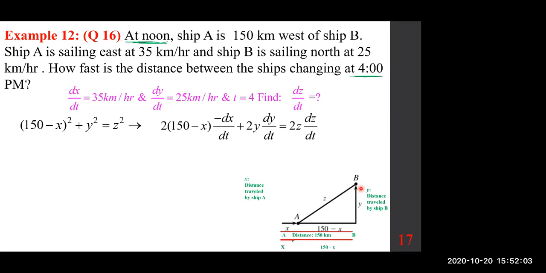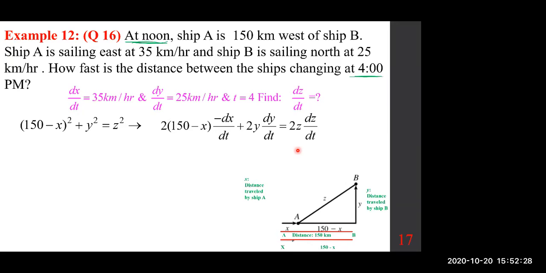I'm saying you can plug in here and find everything. You can calculate x, plug it in here. dx/dt is 35, we have it, 2y, okay? dy/dt we have, we have the value of y and z and everything else.